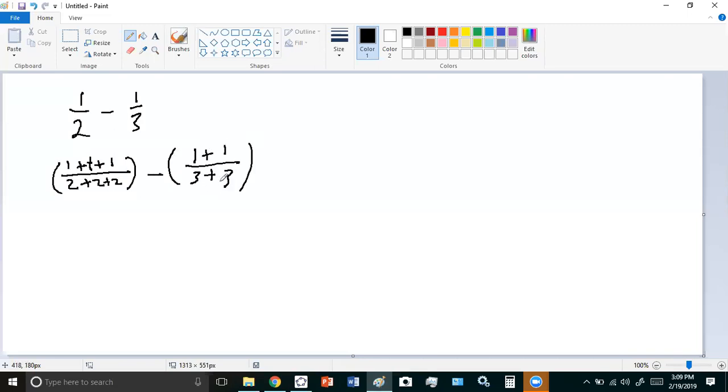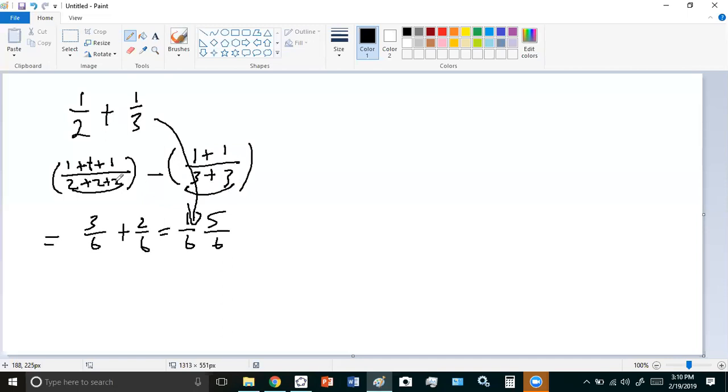There's a good reason I've done it this way, because the sum of this and the sum of this is 6, right? So we'd have 3 over 6 minus 2 over 6, which is 1/6, and that is the correct result. Okay, and of course if you were adding them, then that would be 5/6. So adding and subtraction of fractions is very simple.